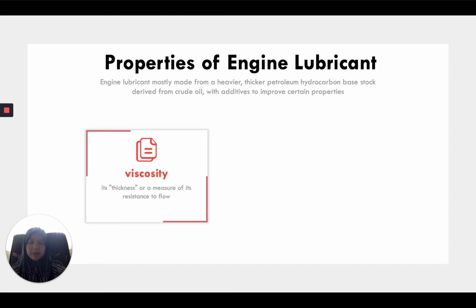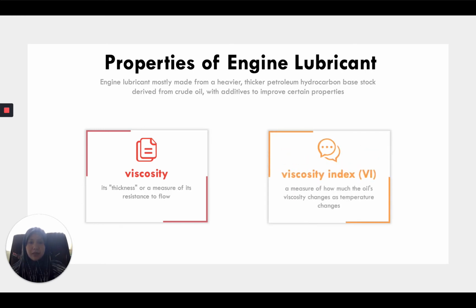The viscosity must be high enough to maintain a lubricating film, but low enough that the oil can flow around the engine parts under all conditions. And we use viscosity index as a measure of how much the oil's viscosity changes as temperature changes. A higher viscosity index indicates the viscosity changes less with temperature than a lower viscosity index.